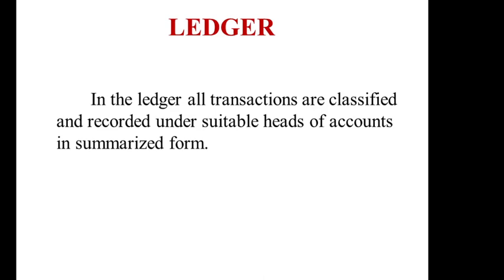The ledger contains the information that is required to prepare financial statements, and it includes the accounts for assets, liabilities, owner's equity, revenue, and expenses. This complete list of accounts is known as the chart of accounts. The ledger represents every active account on the list.